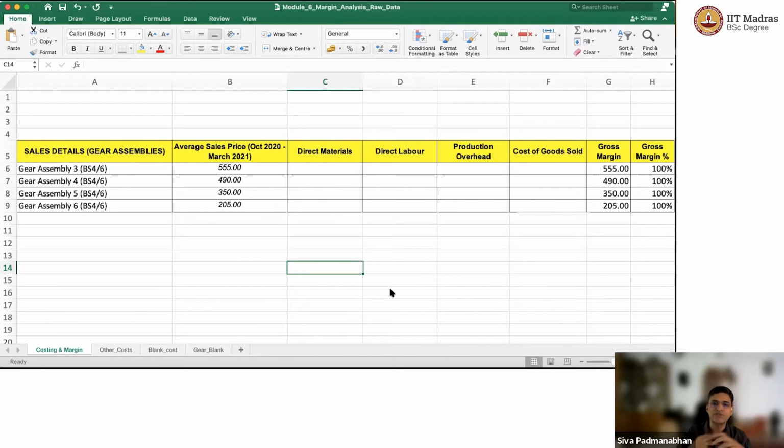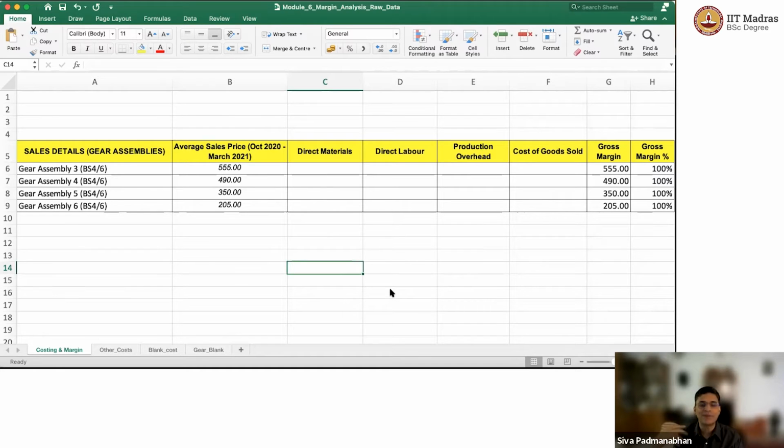And what this table shows is how you break down the standard cost and profitability of different products. So think of it as different cost components that a product is made of. If we are making gear assembly number 3, there are different cost components that go into it.